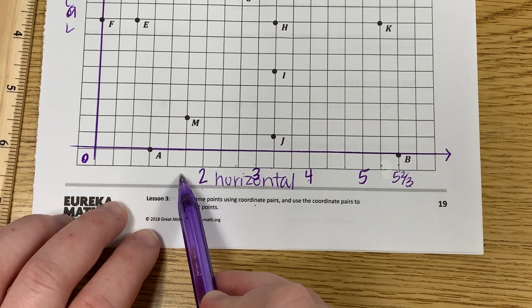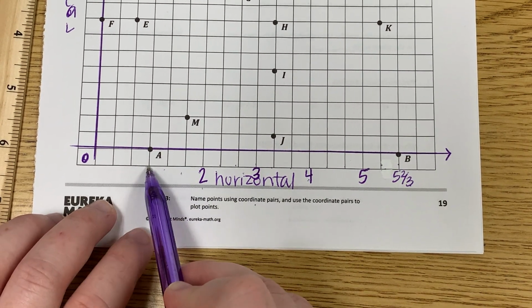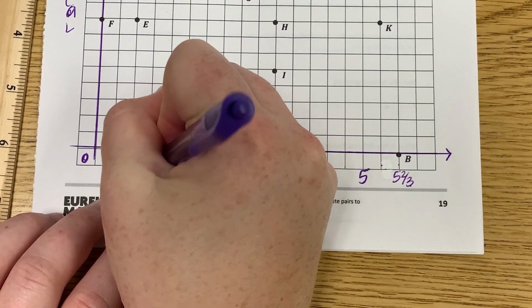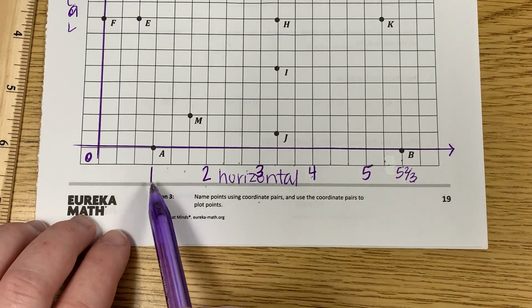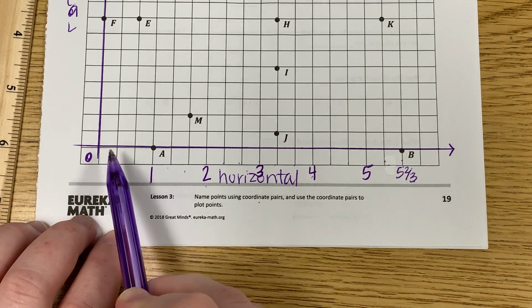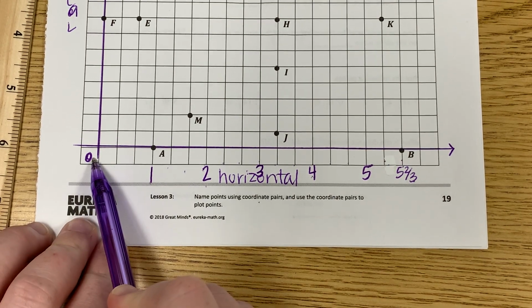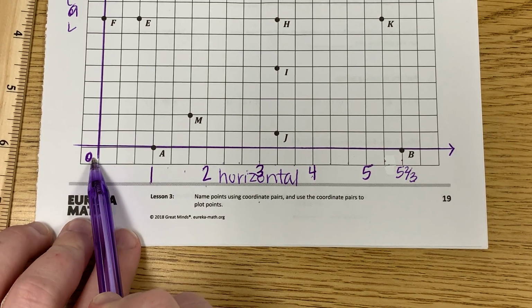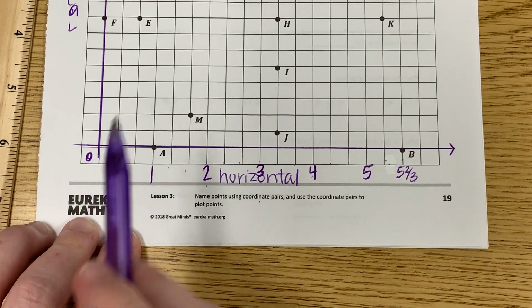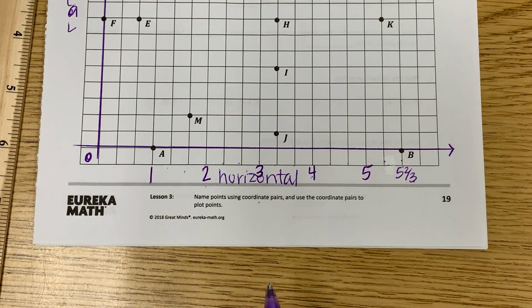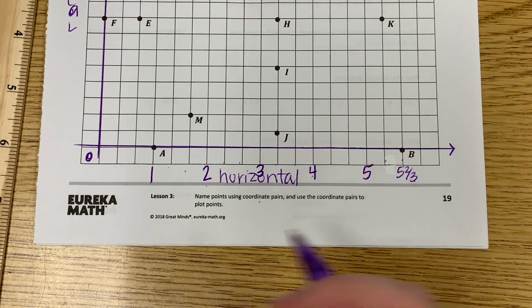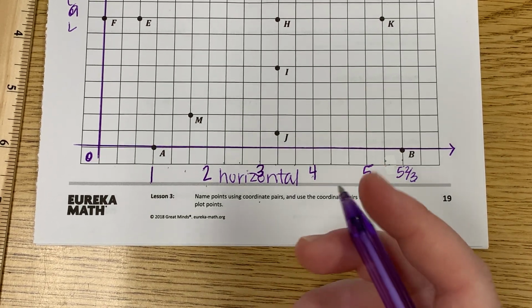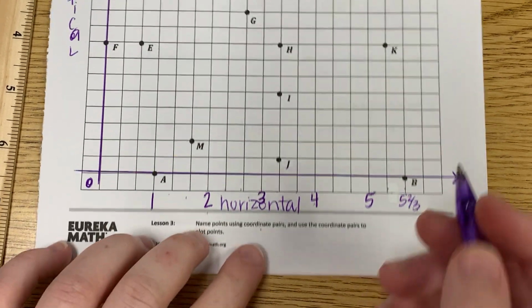Let's make sure we're right. Did we add them up correctly? Yes. Okay. So once you've got that done, what do you need to do to D? Check it off.